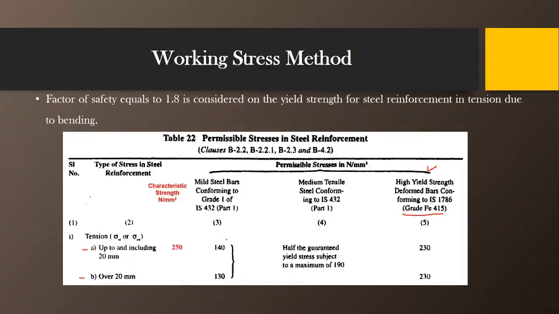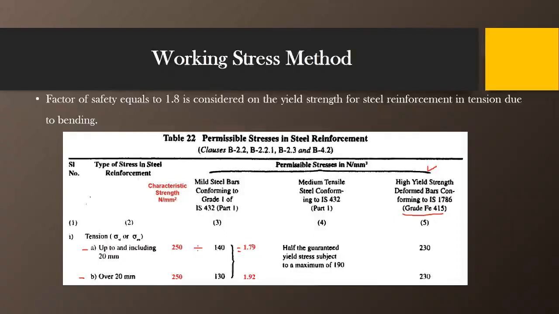So again, let us calculate the factor of safety here just by dividing 250 by 140. So this value comes to 1.79 for the bar diameters less than or equal to 20 mm. Then for bar diameters more than 20 mm, this value can be calculated as 250 divided by 130, which comes to 1.92.